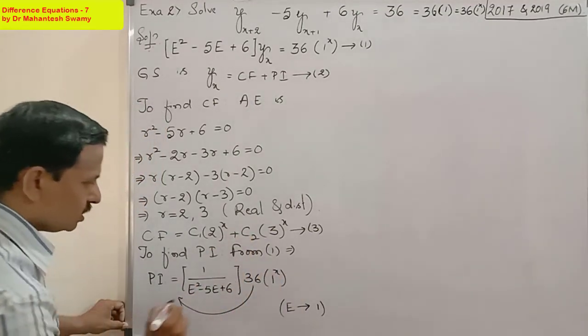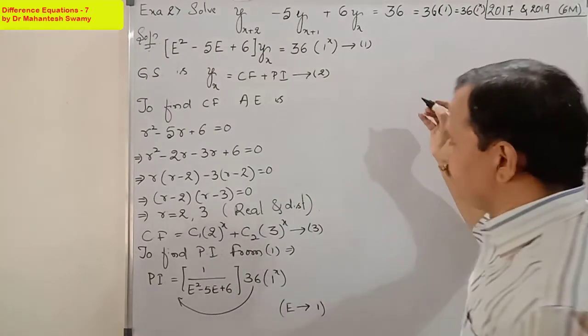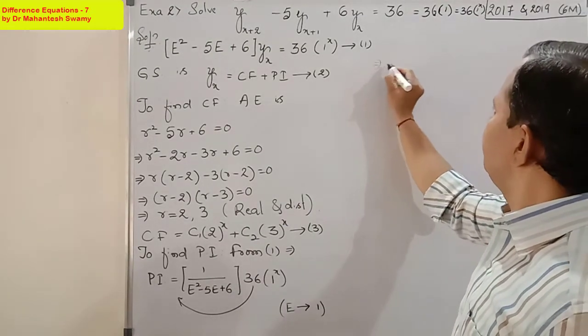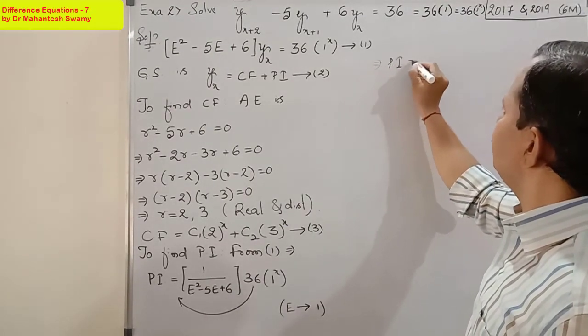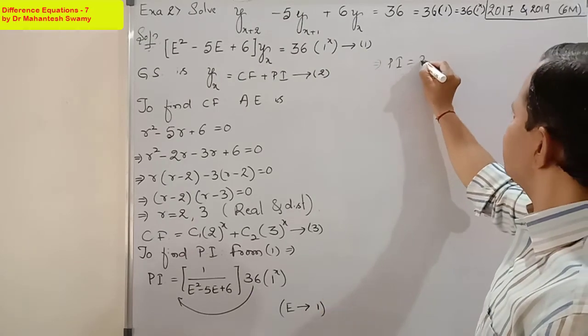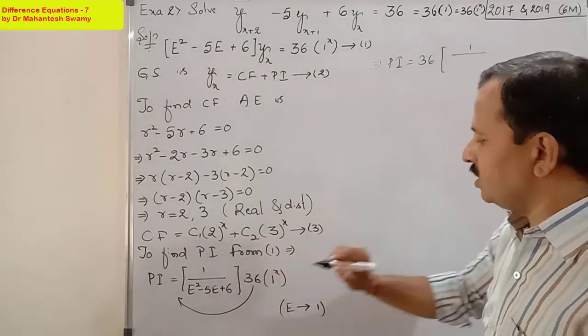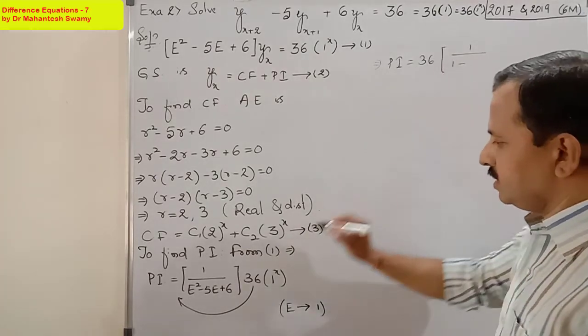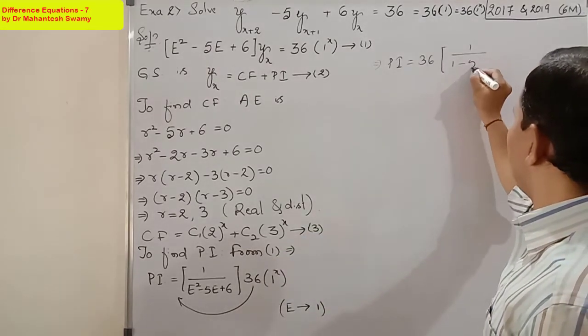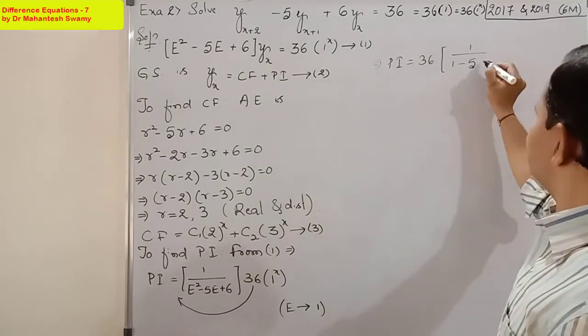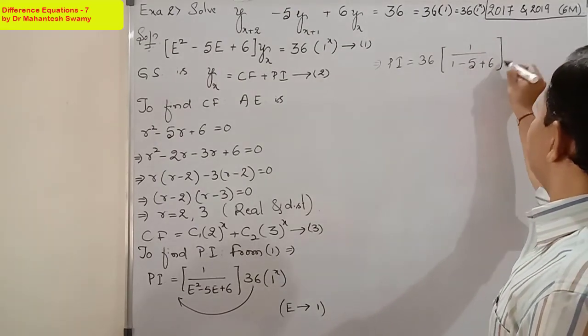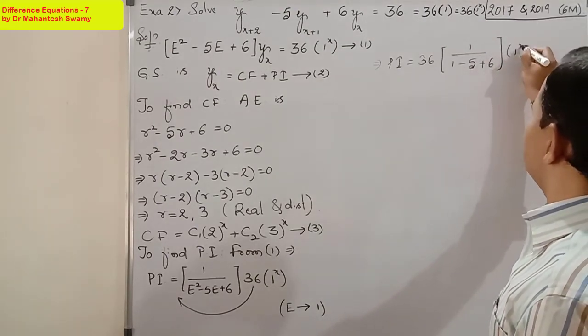So the particular integral is equal to 36 outside the bracket, 1 divided by (1 square is 1, minus 5 into 1 is 5, plus 6), and 1 to the power x as it is.